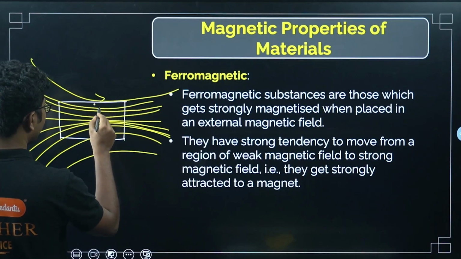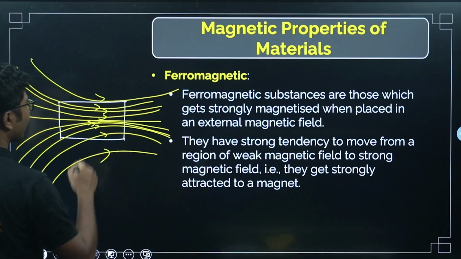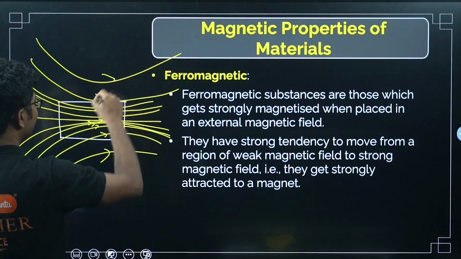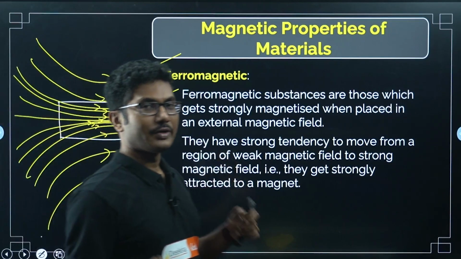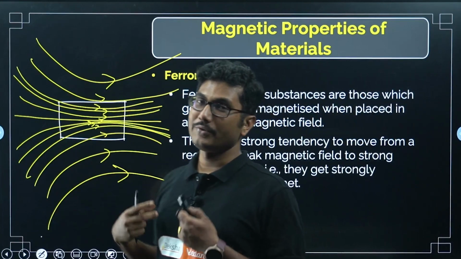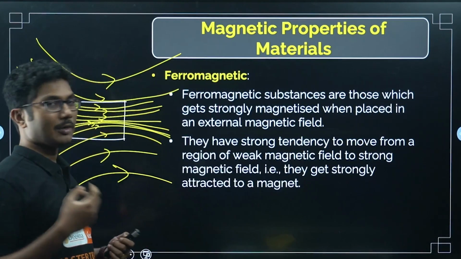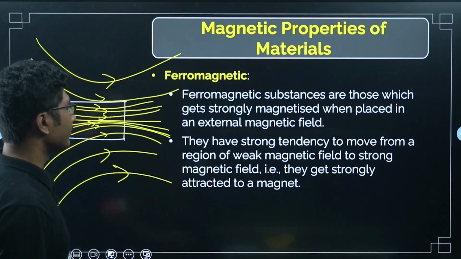Even if they are not coming in, they will try to come towards this. So every magnetic field line will try to move inside this material. Now, depending upon different types of ferromagnetic material, how much they can accommodate is also there. We will see that as well.